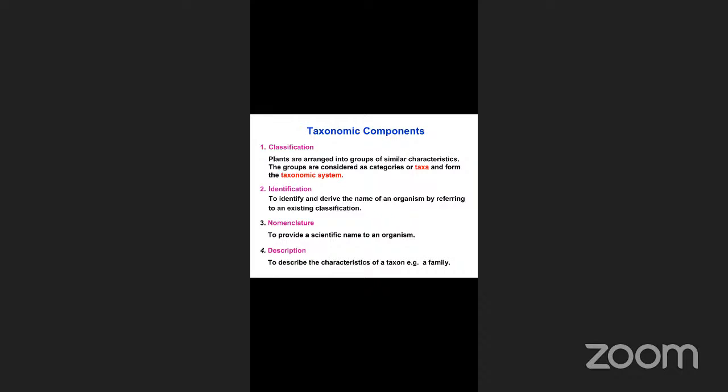Next, A.P. de Candolle in his book Théorie élémentaire de la botanique, 1813, described different rules. Next, the Paris Code is very important.